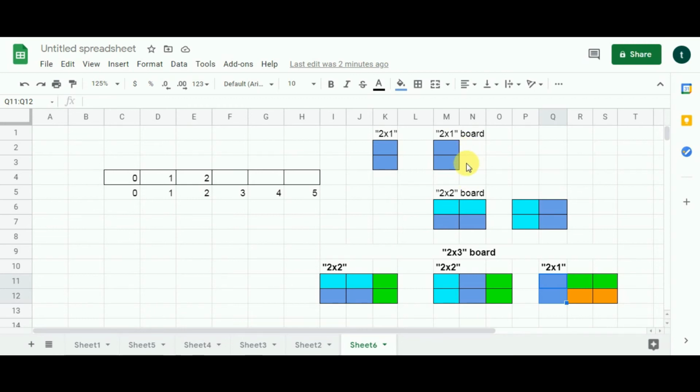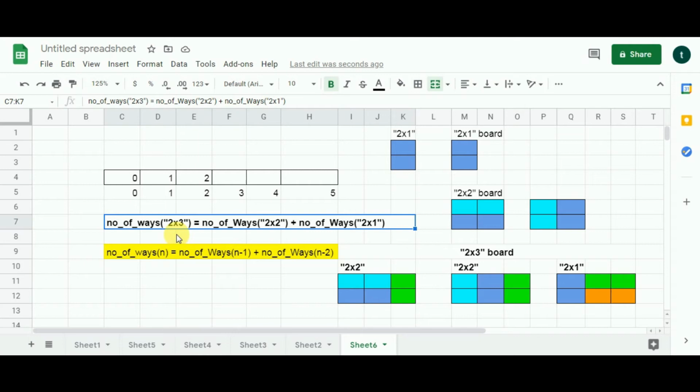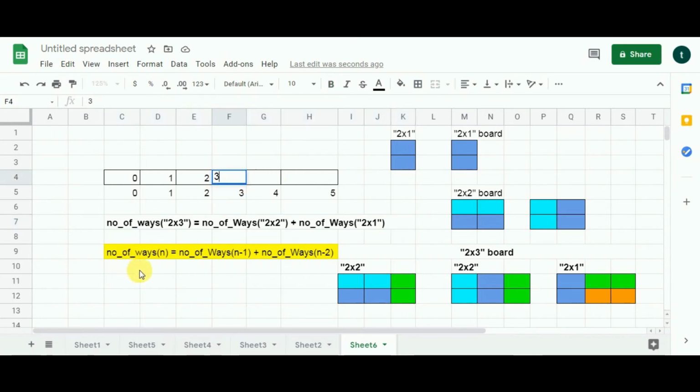We can easily say that the number of ways for 2 by 3 board is equal to number of ways for 2 by 2 board plus number of ways for 2 by 1 board. Or in simple terms, it can be written as number of ways for n equals number of ways for n minus 1 plus number of ways for n minus 2.